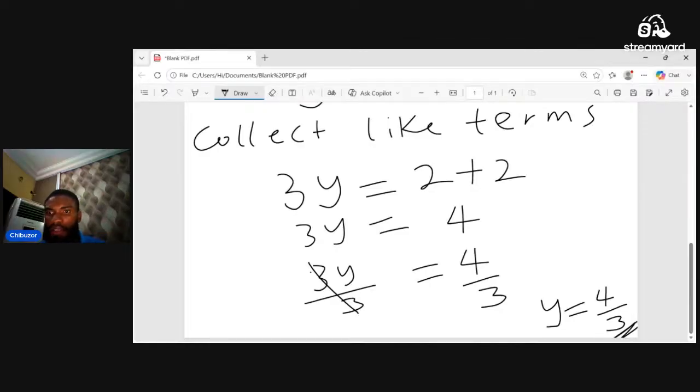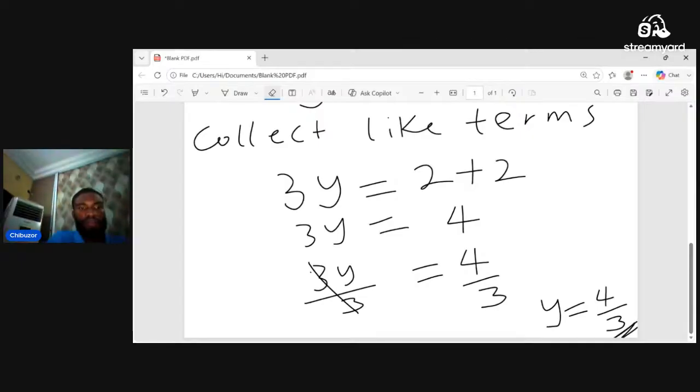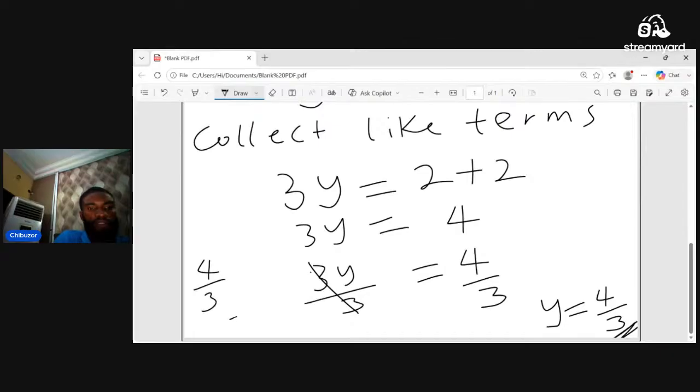What if someone is asking a question? So what if you change it to mixed fraction? That is correct. If you change it to mixed fraction, it's still correct. So if you are changing it to mixed fraction, you can say 4 over 3 is equal to, so that is the same thing.